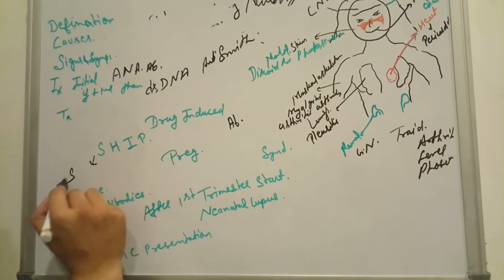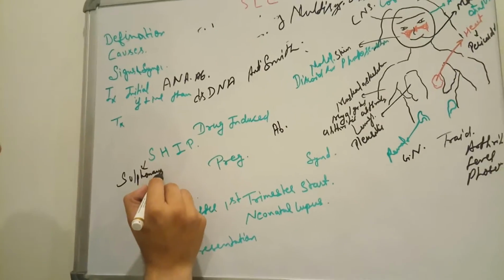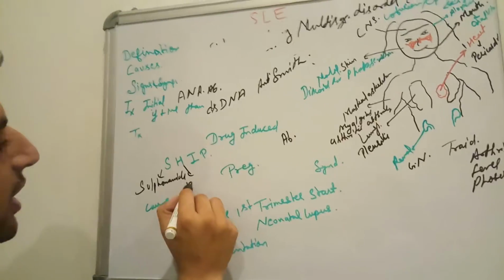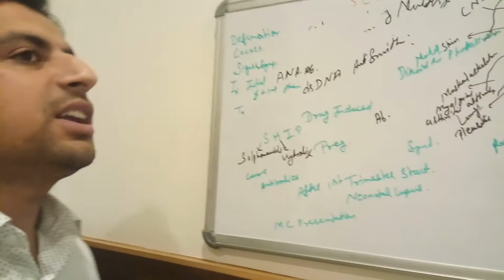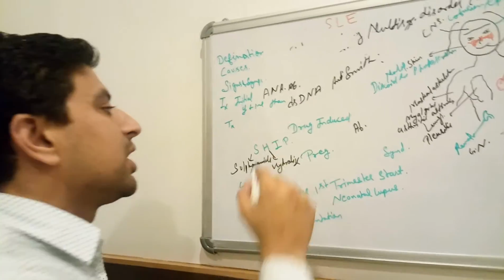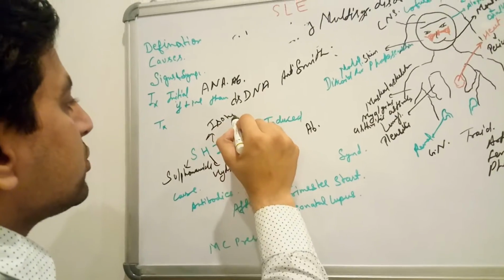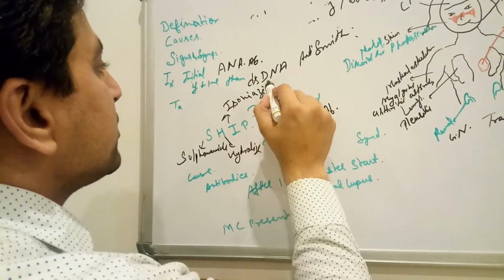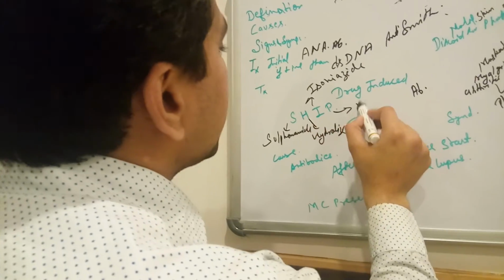S: sulfonamide drugs. H: hydralazine, that is used in pregnancy to treat pregnancy-induced hypertension. I represents isoniazid. Isoniazid we use in tuberculosis. P: procainamide.